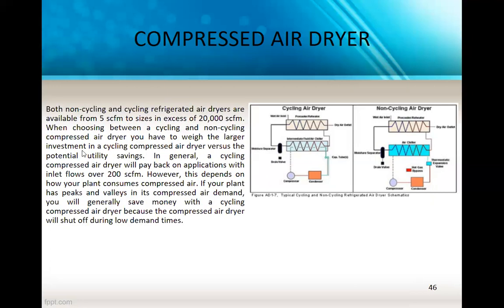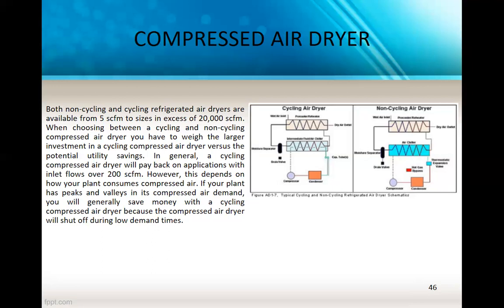Both non-cycling and cycling refrigerated air dryers are available from 5 SCFM to sizes in excess of 20,000 SCFM. When choosing between a cycling and non-cycling compressed air dryer, you have to weigh the larger investment in a cycling compressed air dryer versus potential utility savings.